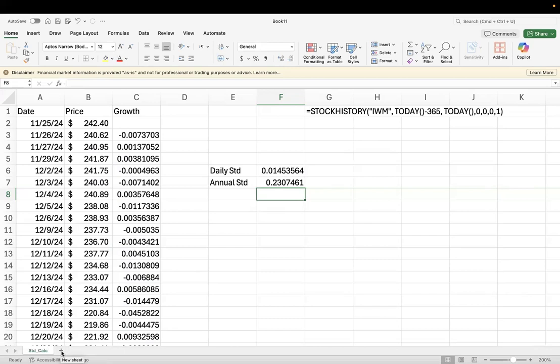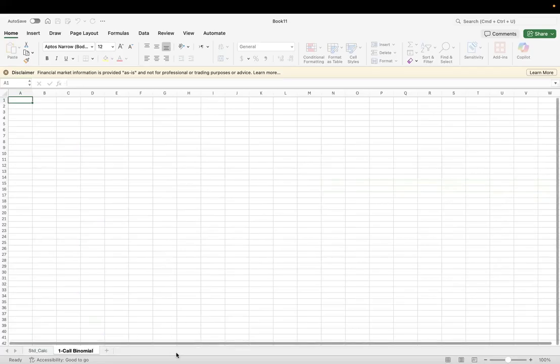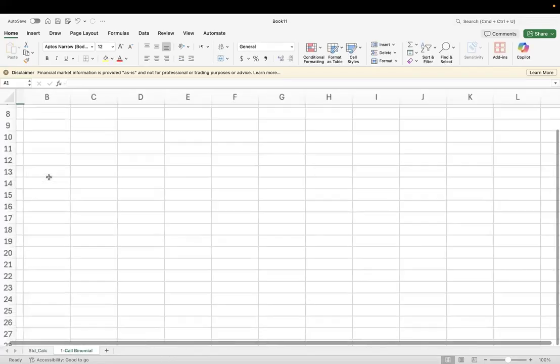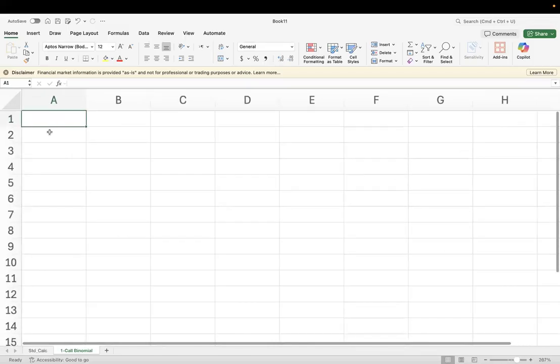And after that, let me open another tab, maybe call it one period, one call option, one call binomial pricing, BP, binomial. So the items that we need. Number one thing is I need the stock price.